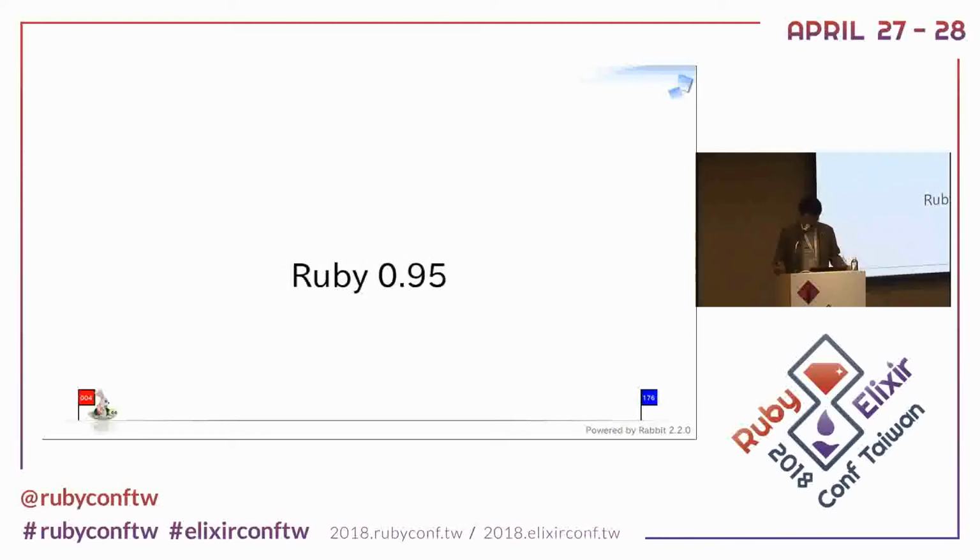So the version was Ruby 0.95. But yeah, it's not for me, because I put it on the internet on that day. But Ruby was there in my pocket. You know what I mean? I was working on Ruby for more than 2 years back then. So for me, Ruby had already been born.